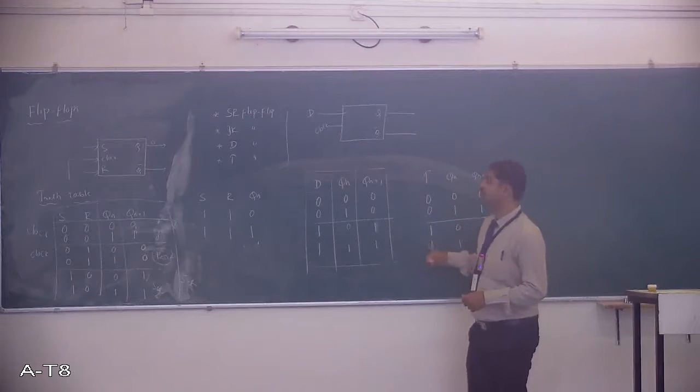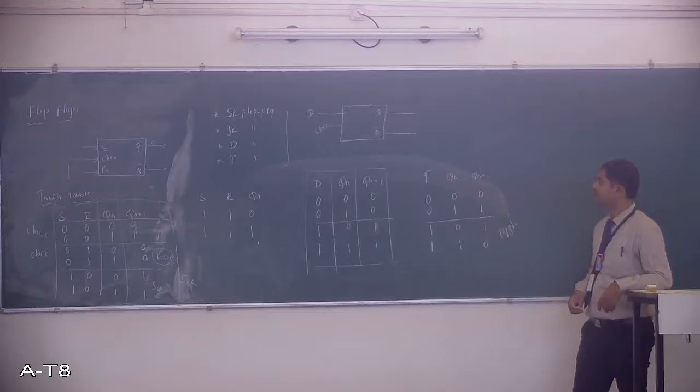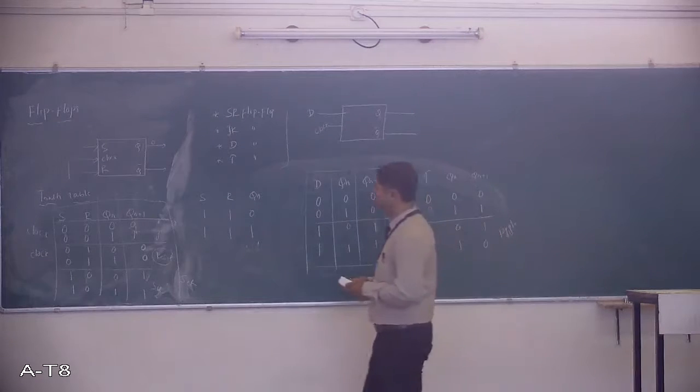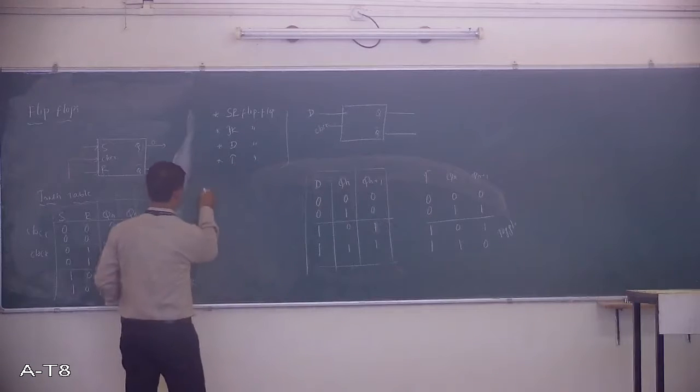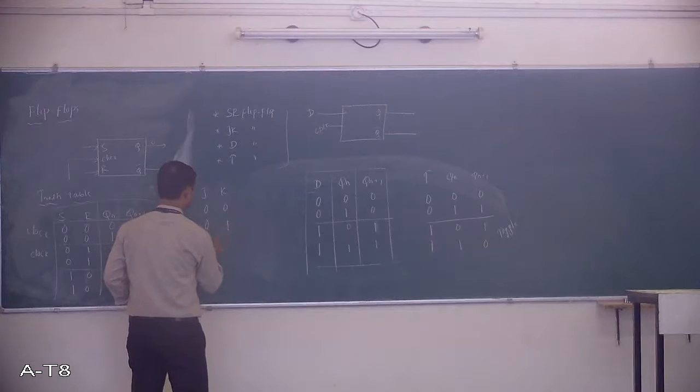Next, T. Before T, I will go with the JK flip-flop. JK: 0 0, 0 1, 1 0, 1 1.